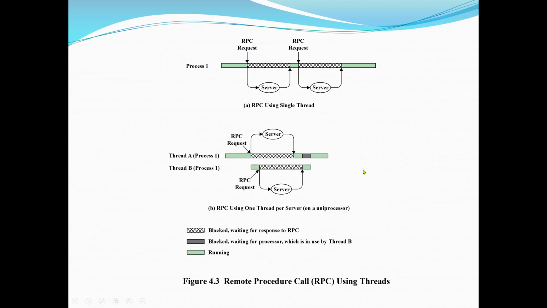The significant issue is whether the blocking of a thread results in the blocking of the entire process. In other words, if one thread in a process is blocked, does this prevent the running of any other thread in the same process, even if that other thread is in the ready state?